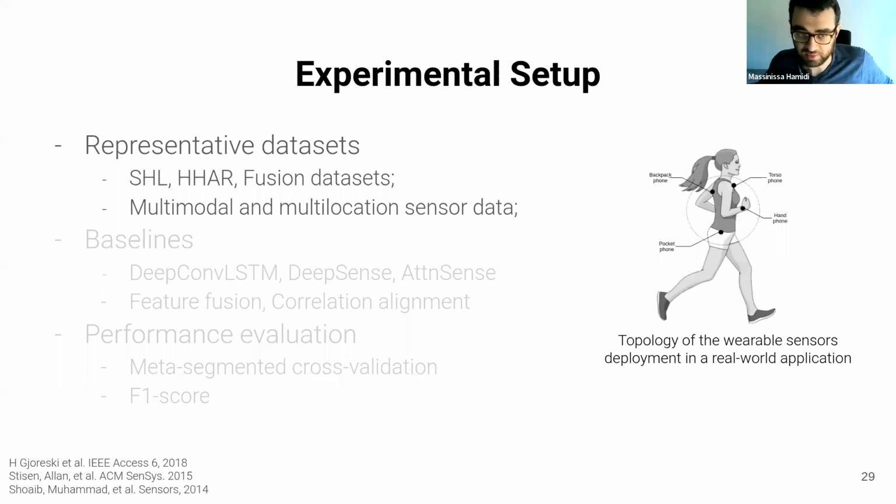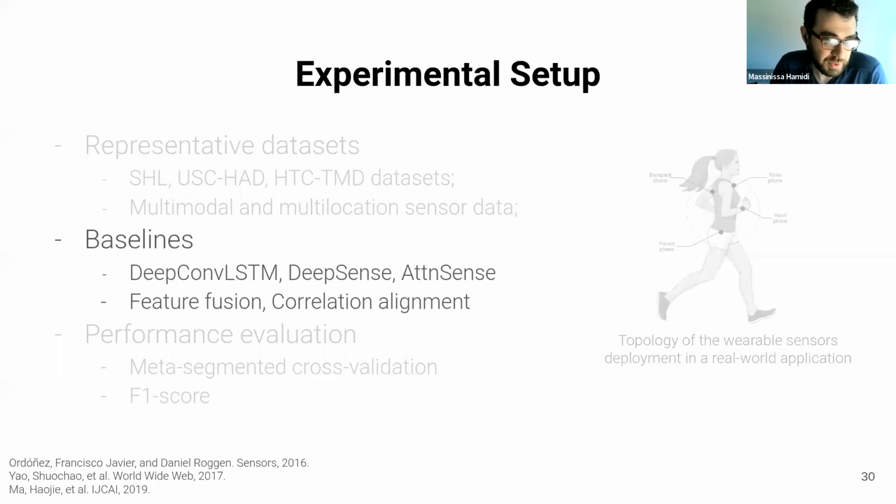Among the considered activities, we have, for example, still, walking, running, and so on and so forth. For comparison, we also evaluate our approach on 2 additional representative datasets, the HeterogeneityR dataset and the Fusion dataset.